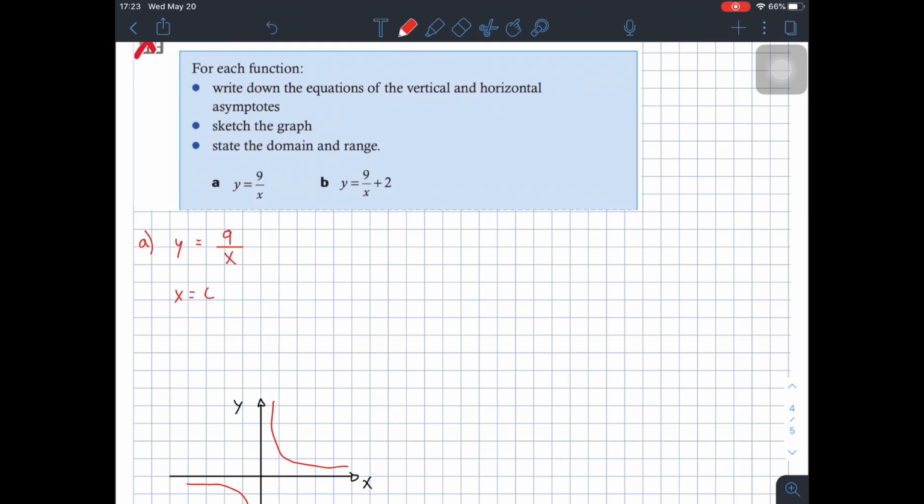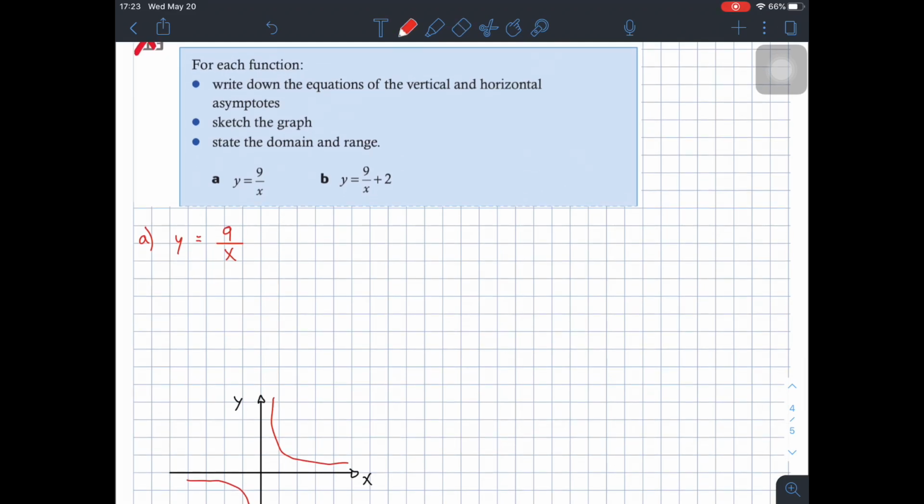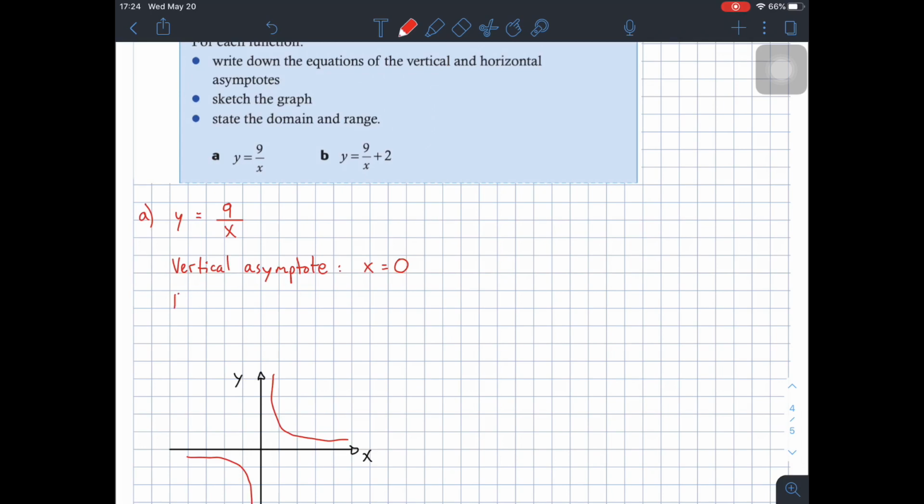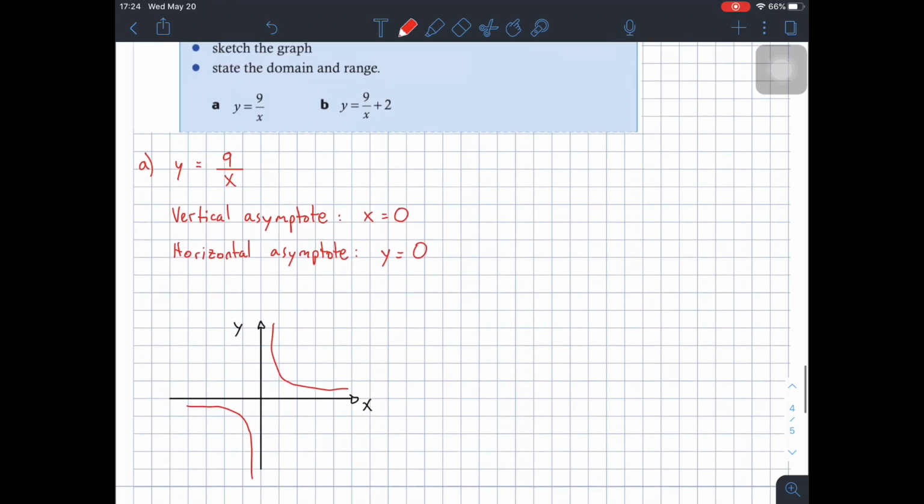So x equals 0 is the vertical asymptote. That's another way of determining it. So for the first part, we're going to say that the vertical asymptote in this case is x equals 0, and that the horizontal asymptote in this case is y equals 0.